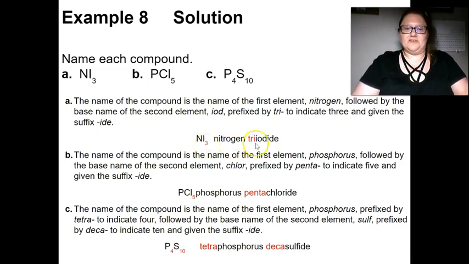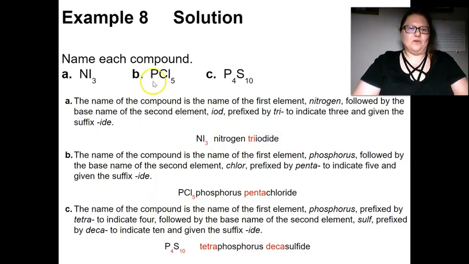So we need the prefix tri, and then we would put iodide, the ide ending. We cannot say triiodine. That's incorrect. It's iodide, even though an ion is not forming for this compound to take place. It's the format of the naming.